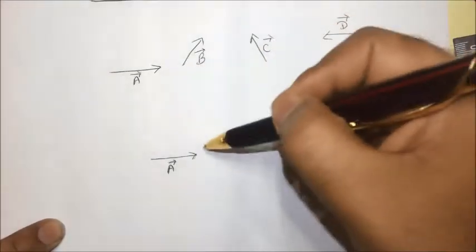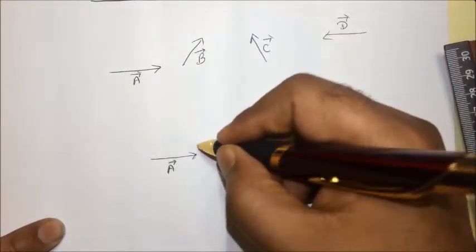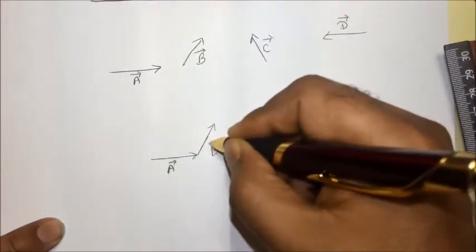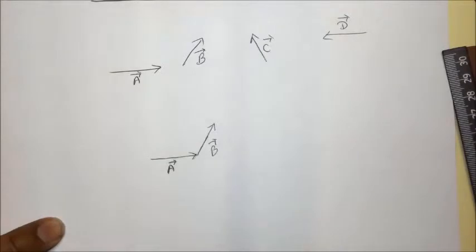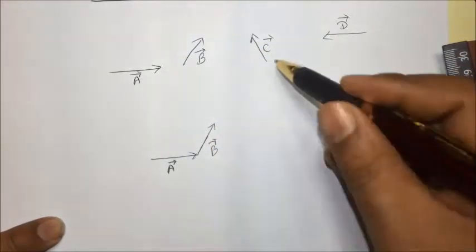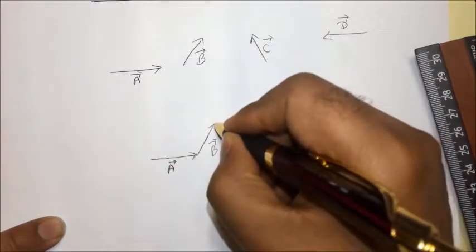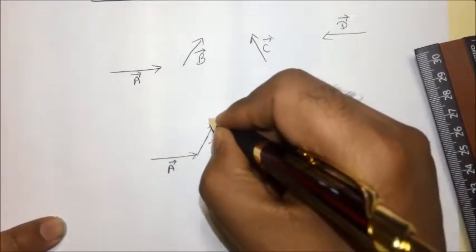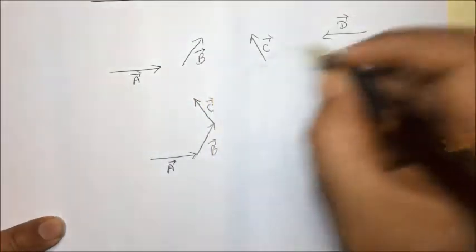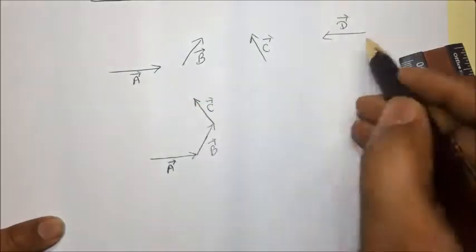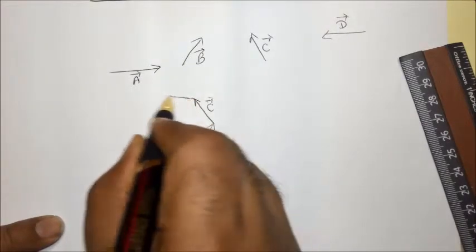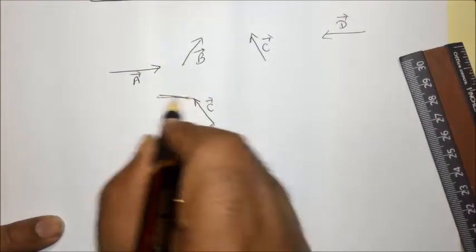Then on the tip of A, I will put the vector B exactly the same way it is, same size, same direction, everything same. On the tip of vector B, I will place vector C, same direction, same length. On the tip of vector C, I will put vector D, same direction, same length.